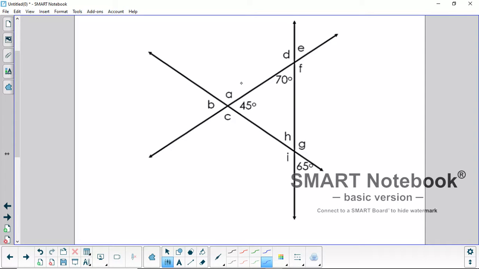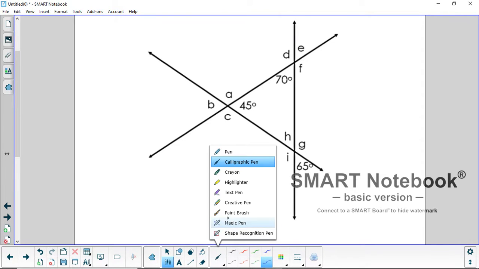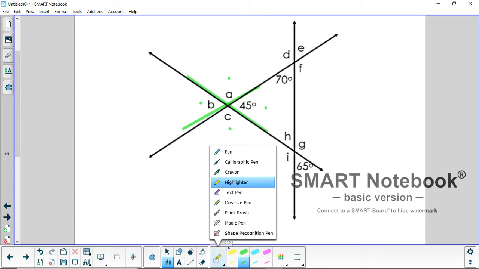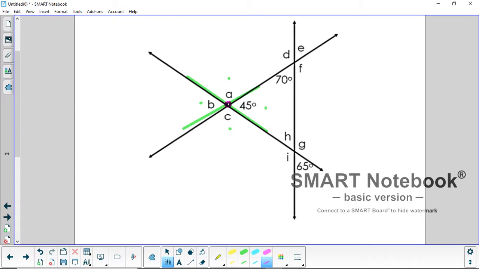So I notice right away that I have two crisscrossing lines here. And those two crisscrossing lines are creating four separate angles. Those four separate angles are all sharing the same vertex. So that means I have some linear pairs and some vertical angles. Now remember, vertical angles are the exact same size.